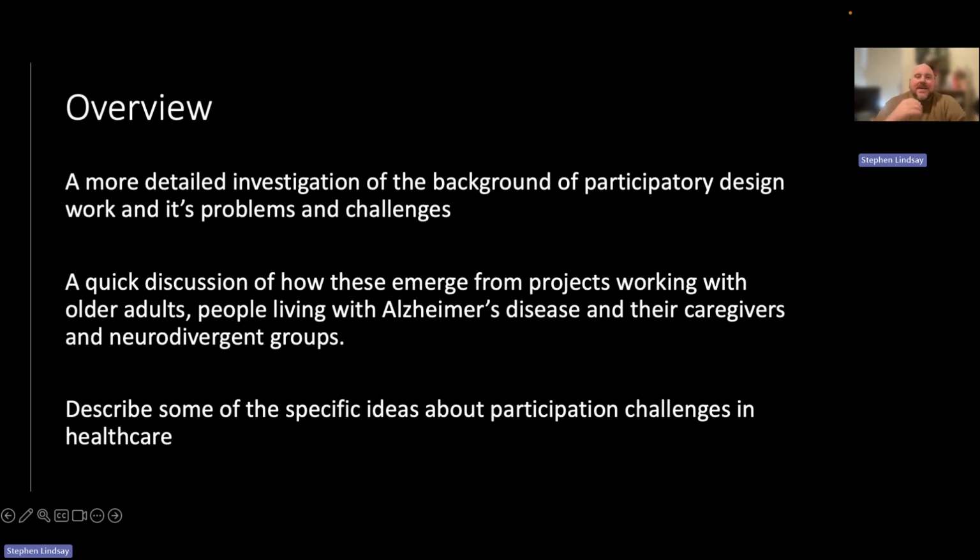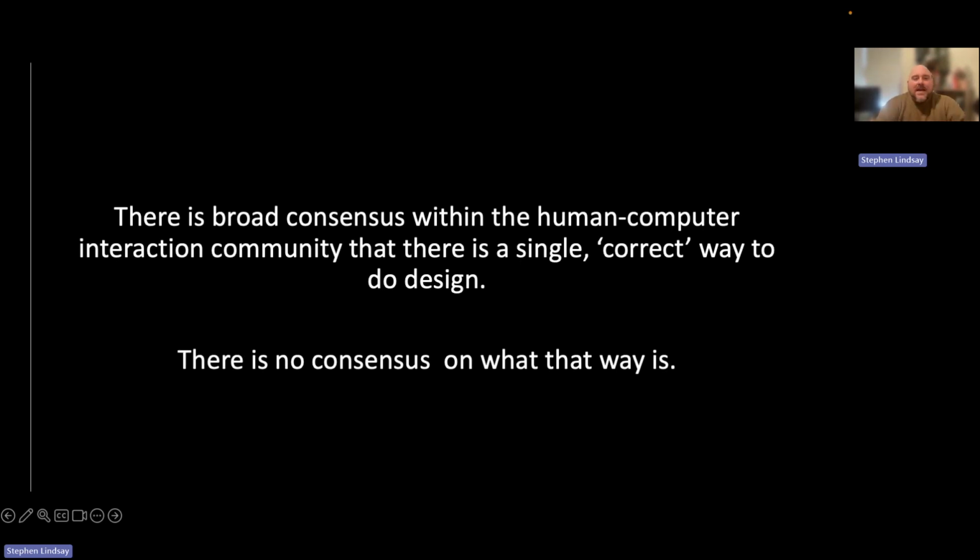But to start with, I think it's probably worth very, very provisionally talking about the idea of design in general. So a fairly famous quote that is often, or a phrase that we often use: in human-computer interaction, there's a broad consensus that there is a single correct way to do design. Unfortunately, what we don't have is a consensus on what that single specific way to do design might be.